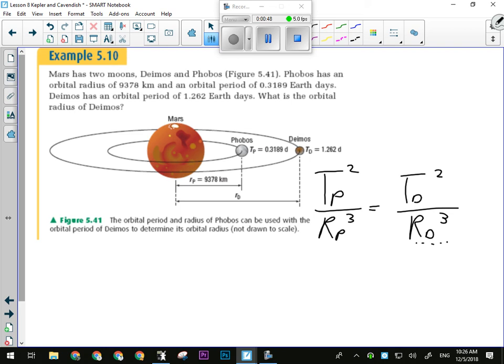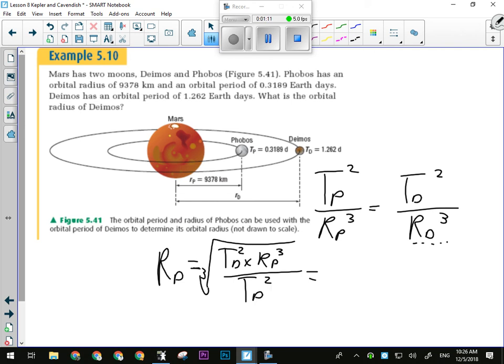All right, and I'm looking for the radius of Deimos's orbit. So that'll be r_D equals the cube root of the period of Deimos squared times the radius of Phobos's orbit cubed, and then divide that by the period of Phobos's orbit squared. Okay, that'll give us our number.